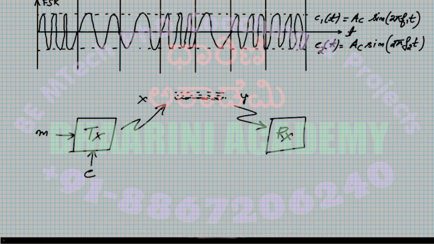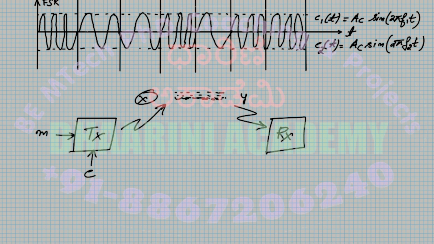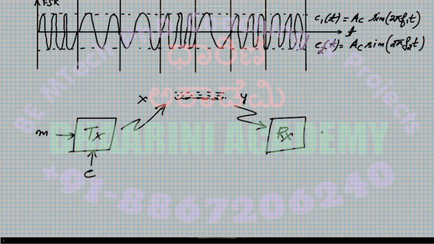Still, if you look at the waveform, it will be very similar to X, not a lot of modifications. Since I multiplied M into C to get X, Y will be of the same format. I have to divide by C to get something similar to M. Let me call it M cap, some similar version of M, which is what I want.